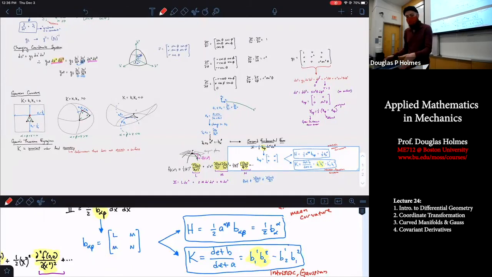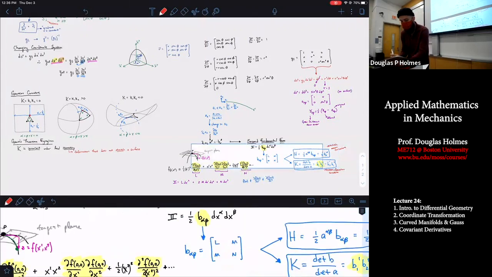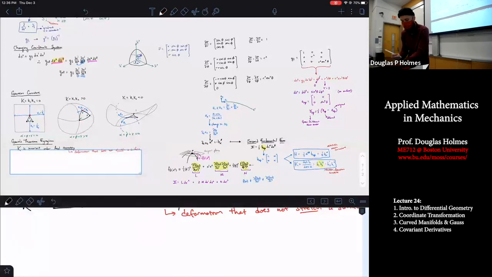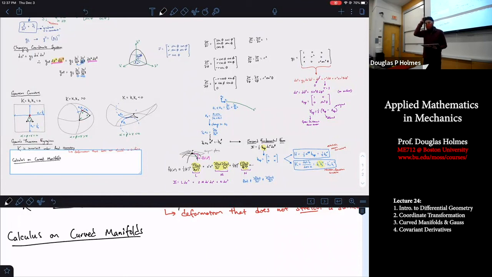So to do calculus on these curved manifolds, I just want you to first remember what some of the operations you're used to actually do. I've never really seen this taught this way, but this is how I conceptualize these things.